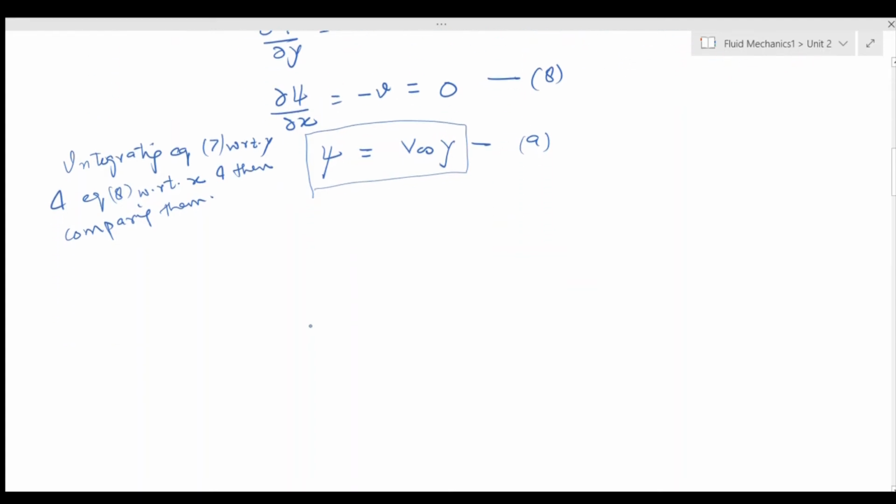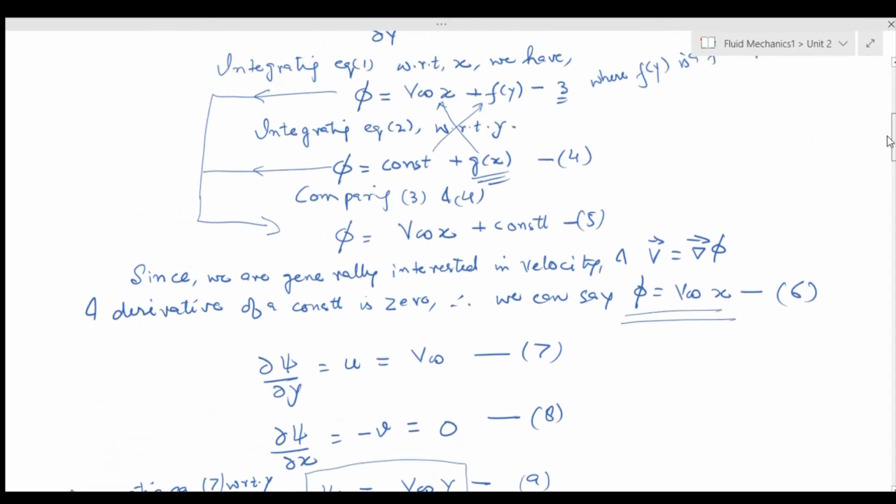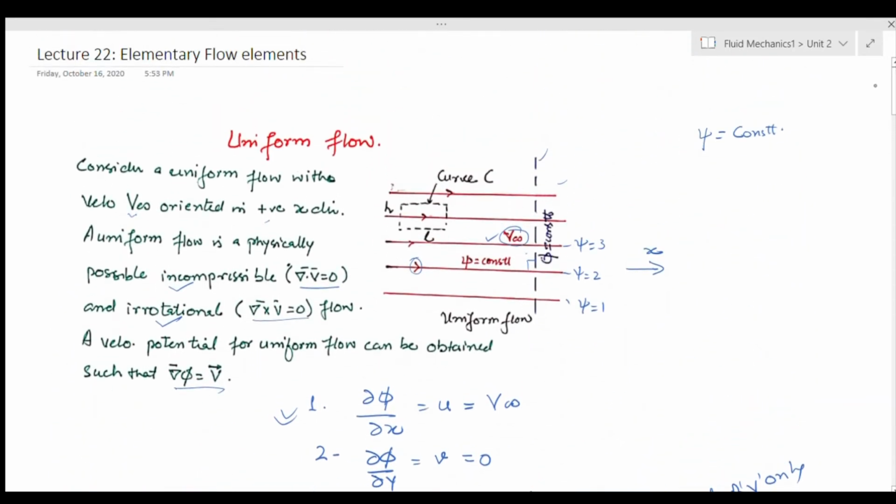Now, we found our phi, we found our psi. Now for this kind of flow, which is an ideal flow, the next thing which I would like to find would be circulation. Just to remind you, this complete potential flow theory started developing so that people could study lift over an aerofoil.